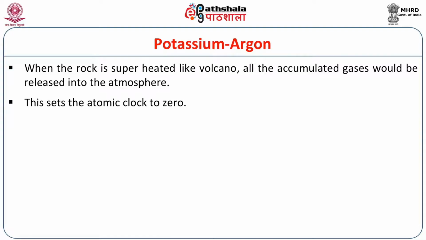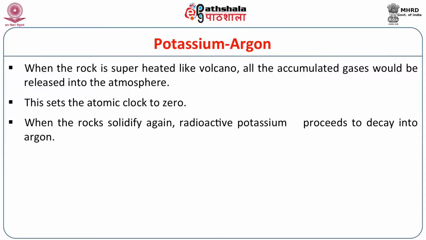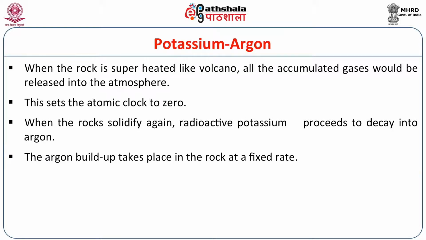This sets the atomic clock to 0, what they call the zero clock. When the rocks solidify again after the volcanic activities, radioactive potassium proceeds to decay into argon. The argon buildup takes place in the rock at a fixed rate, as I told you, because of this half-life period.